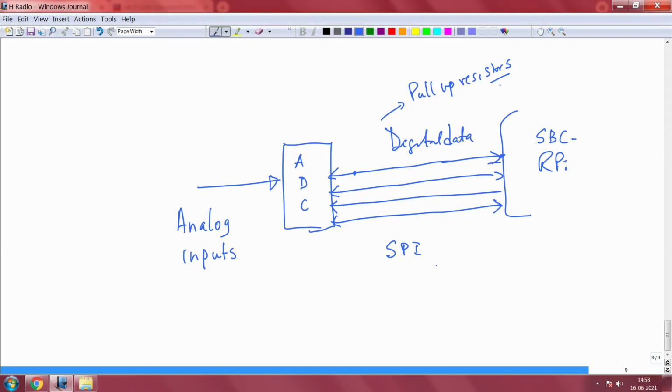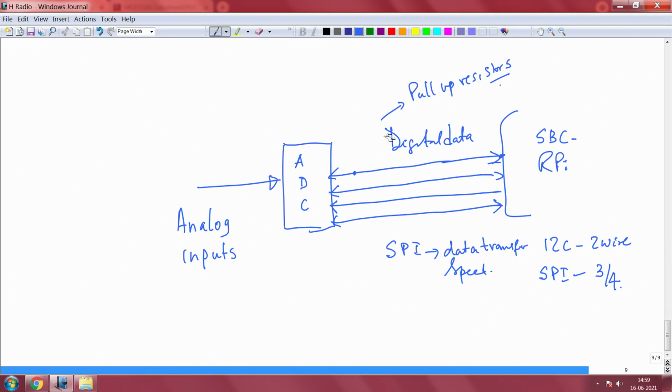The other one, as I mentioned, was I2C, which is just 2-wire, whereas SPI can sometimes be 3 wire and sometimes 4 wire. Of course, this will give you much higher data transfer speed as compared to I2C. Why two different types of digital interfaces? Because each one has its own advantage, and one of them is indeed high data rate. If you want that, you have to go in for SPI kind of interfaces.